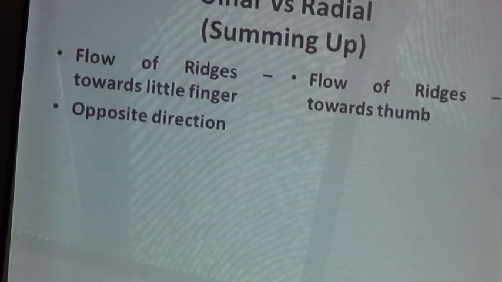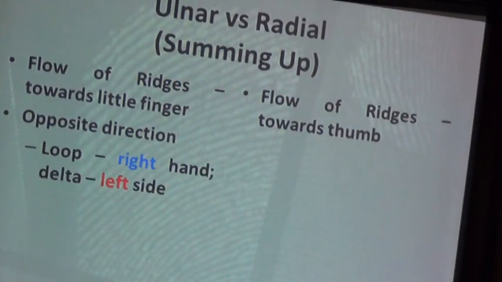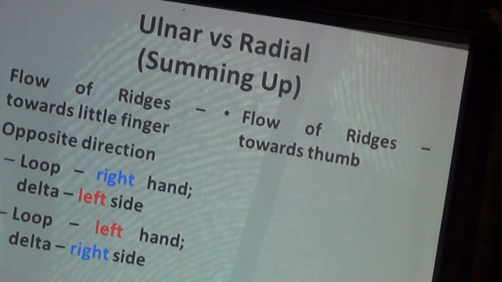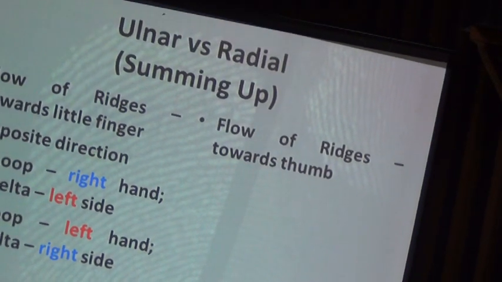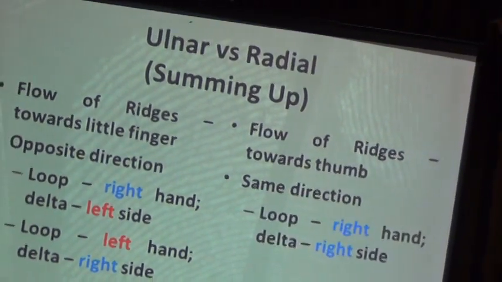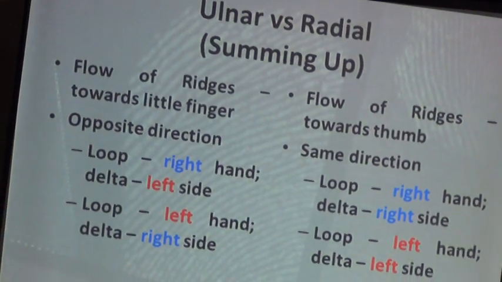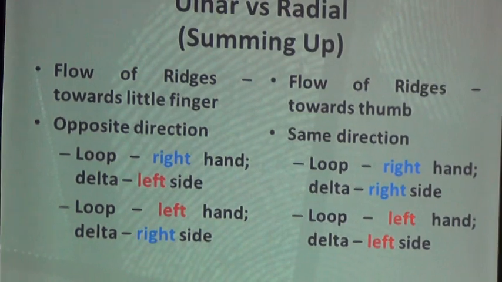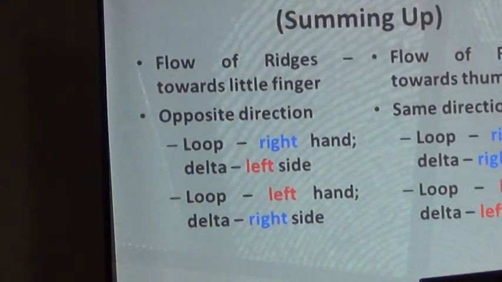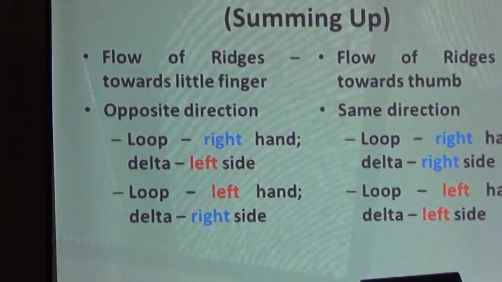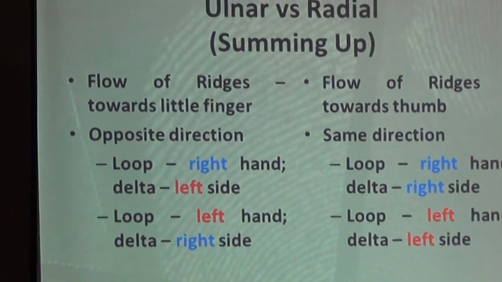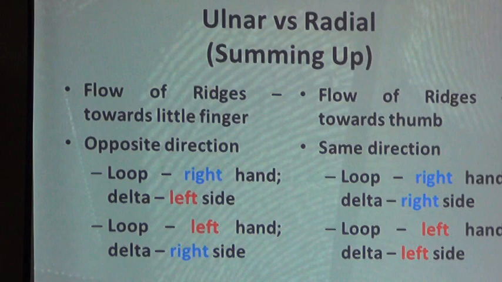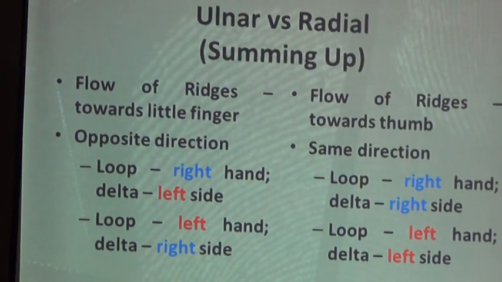The flow is towards the little finger, as well as the other one towards the thumb. And the concept of opposite direction in the case of ulnar loop, and the other one same direction. But that is only for purposes of clarity. As instructors, we have to clarify it to our students. How are we able to distinguish radial from ulnar loop?